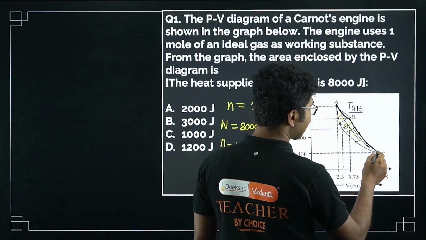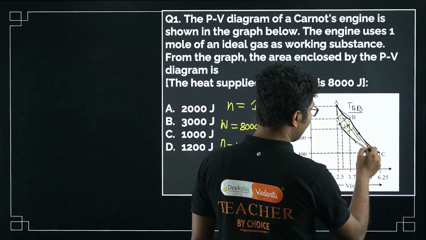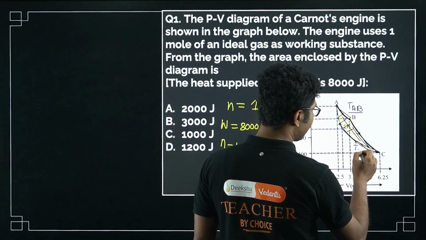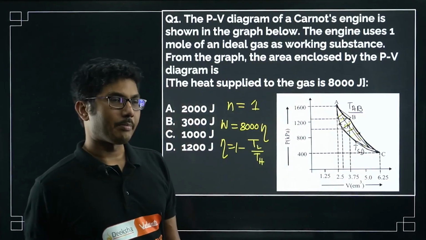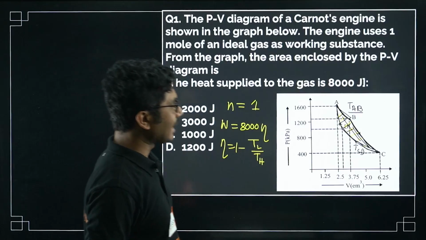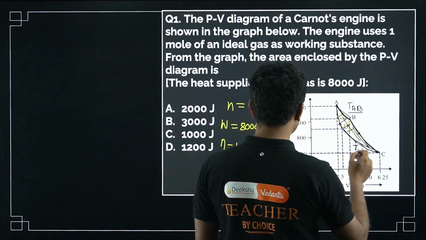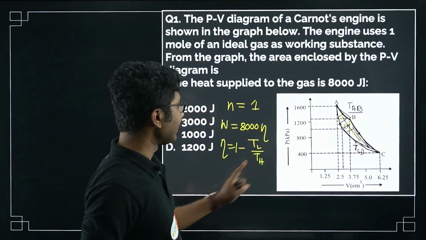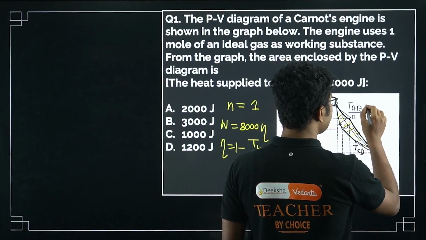Then the temperature is changing from B to C. C to D is another isothermal compression, so this is also a constant temperature, and then again the temperature changes in the adiabatic process to the final state, coming back to temperature A. So this is how the entire thing is happening. This is a cyclic process. So if we know this temperature TAB and TCD, we can find this. TCD is basically the low temperature and TAB is the high temperature.